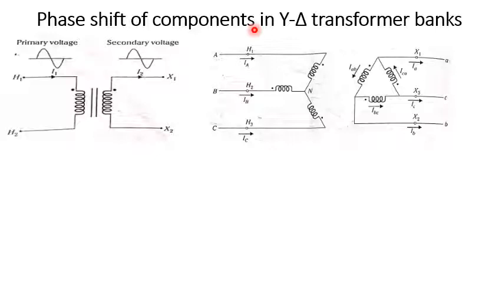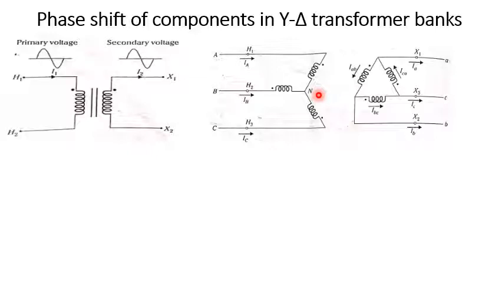Let us consider the star to delta transformer here. The high voltage side is marked as H1, H2 and H3 with respect to the phases A, B and C, and the low voltage side is marked X1, X2 and X3. Here N is the neutral across the star connected side of the transformer.